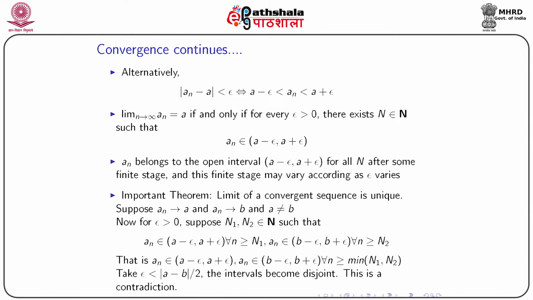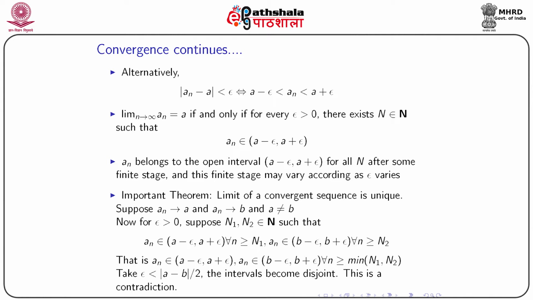To prove this, we will be using the method of contradiction. That means we suppose that the sequence has two different limits. So we will assume an converges to a and an also converges to b with the restriction that a is not equal to b.